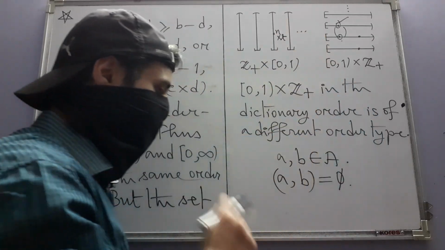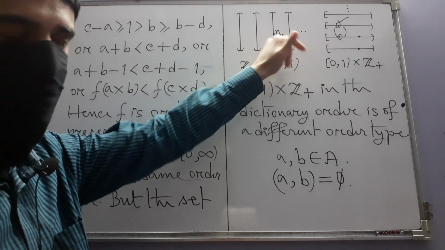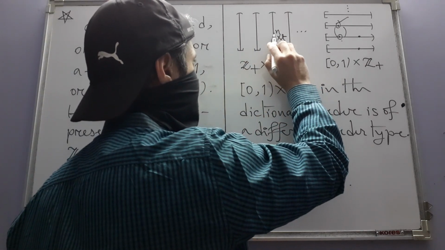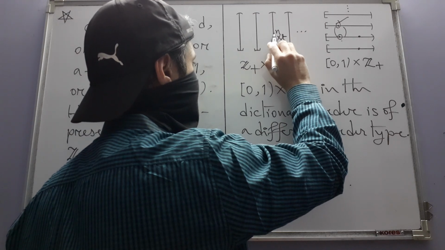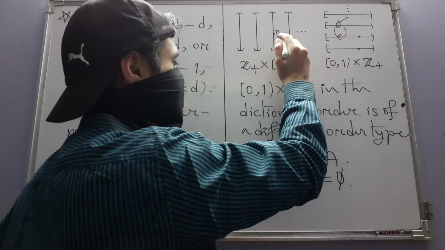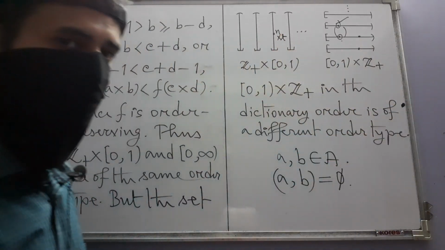You consider points that are greater than this point in the dictionary order. Obviously, those points can only lie either in that same segment and above this point, or lie in another segment to the right side of this point.